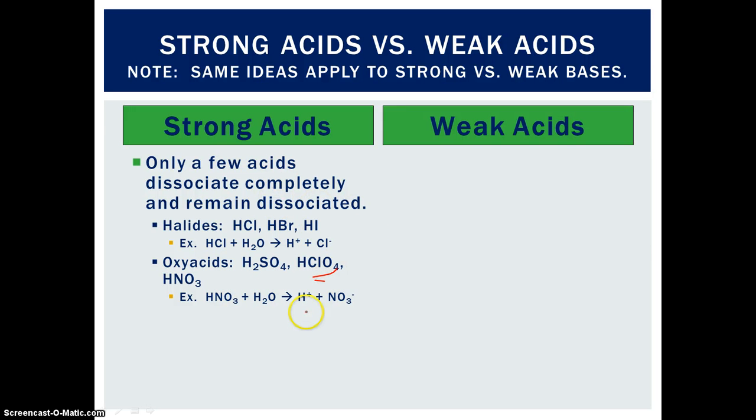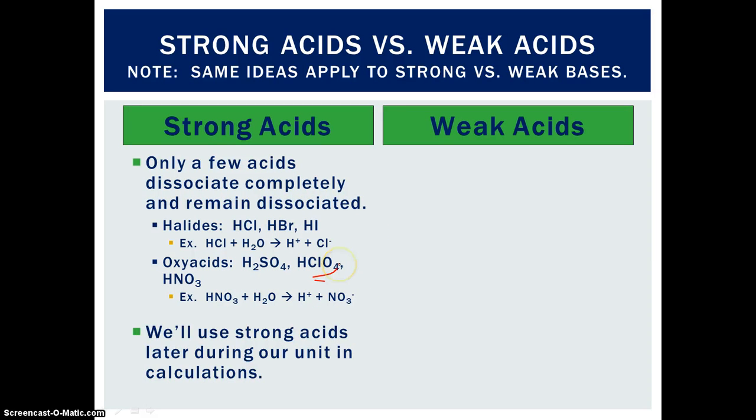If I put them in water, they completely break up into their ions. We'll use these later during the calculations in this unit, which will be our last and final iChem.